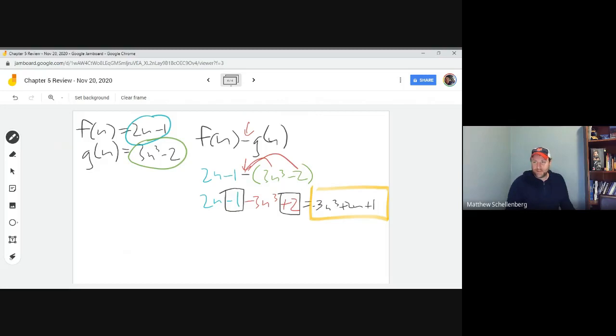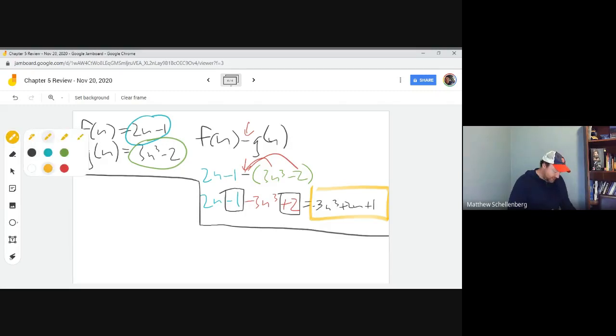Number 6. Again, try it on your own first. Actually, let me tell you what it is before you do that. Number 6 says that g of x equals 2x plus 2.